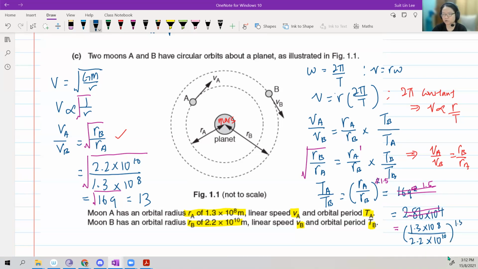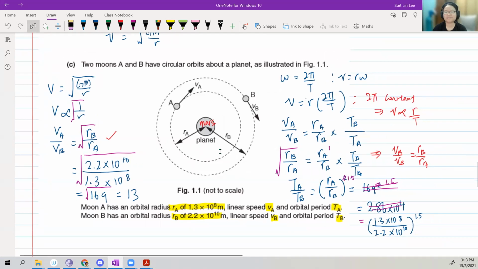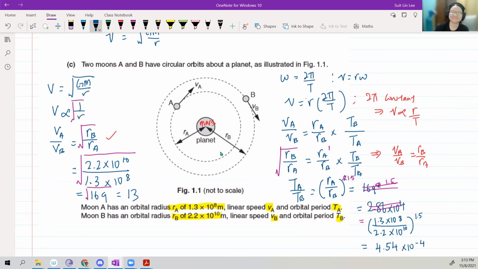Power 1.5 or 3 over 2. So 4.54 times 10 to the power of -4.